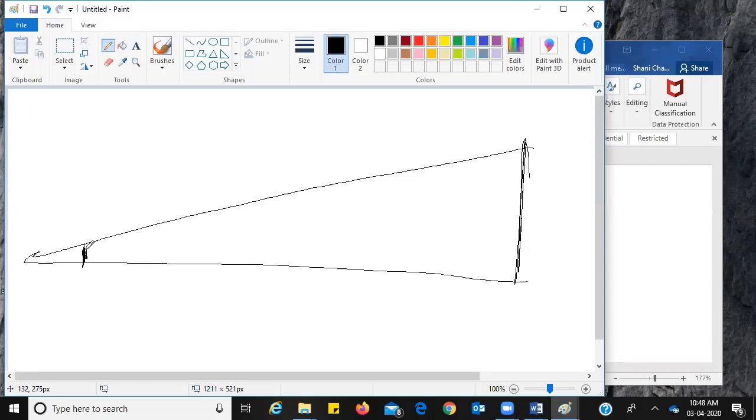We can take theta as arc length by radius, as tan theta is approximately theta. But if a telescope or some instrument forms an image of this, is the size of the image greater than the size of the object? No. The angle is greater. The angle formed by the image is greater.